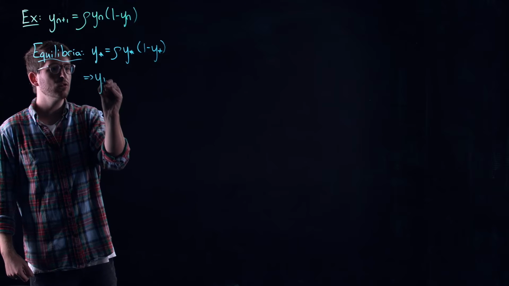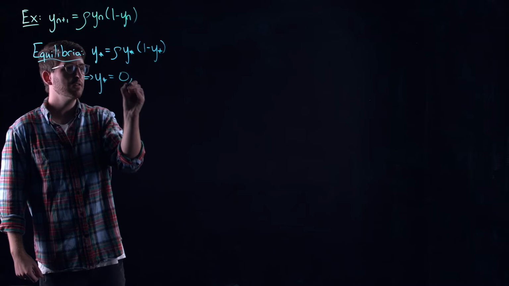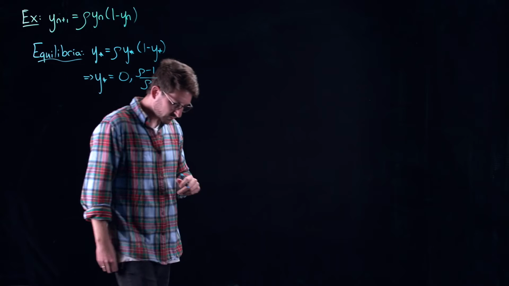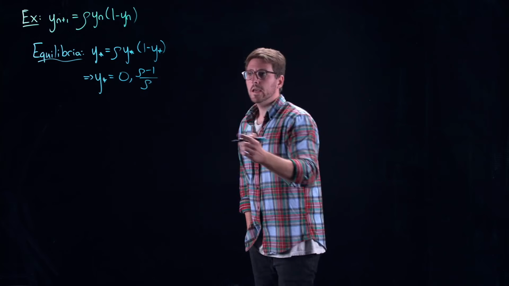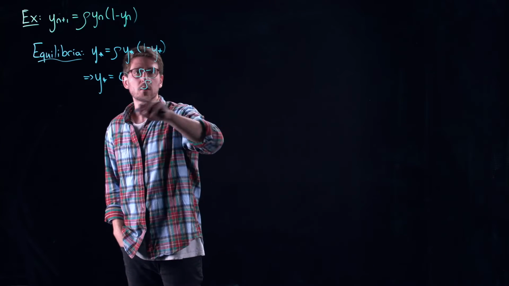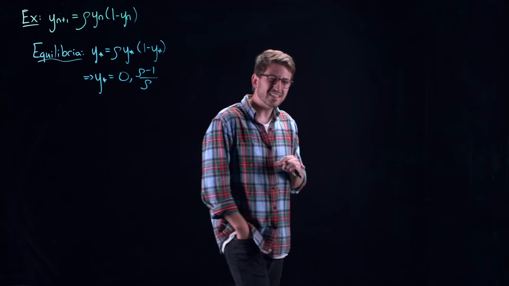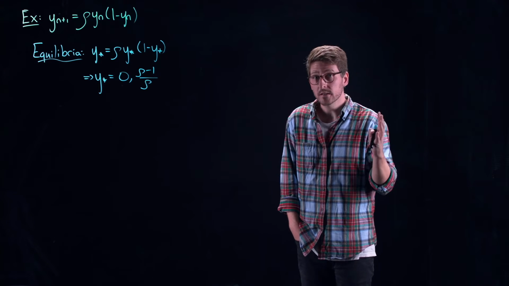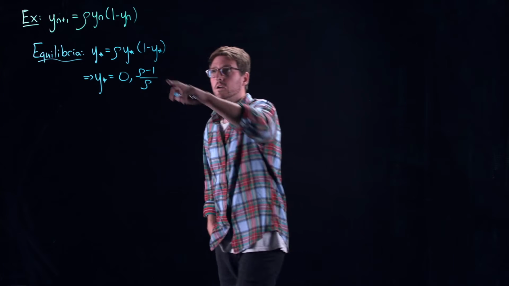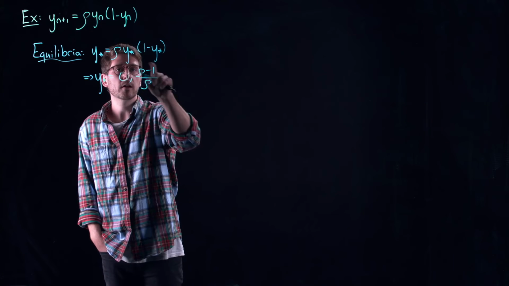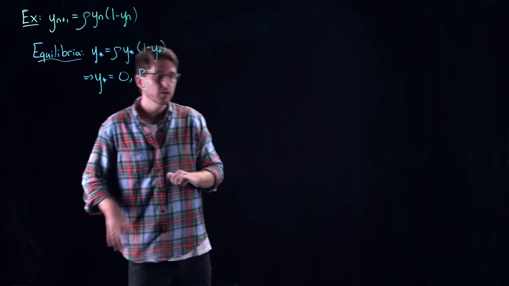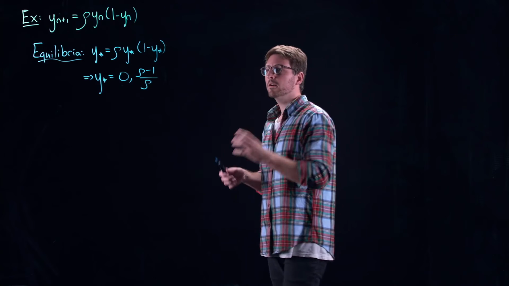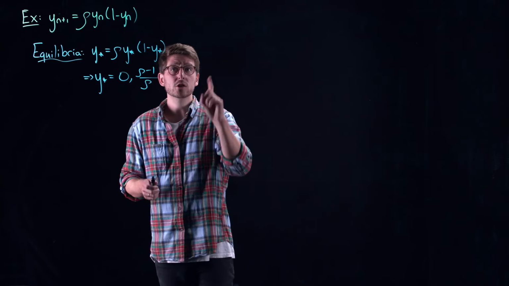This gives 2 equilibria: 0 and (ρ − 1)/ρ. Again we see the extinction state 0, but now the carrying capacity state is slightly different. It doesn't actually represent the carrying capacity in this case. The carrying capacity is still 1, but nonetheless we get a non-trivial equilibrium, fixed point, steady state, whatever you would like to refer to it as. Those are all perfectly acceptable, but it's given in terms of ρ.